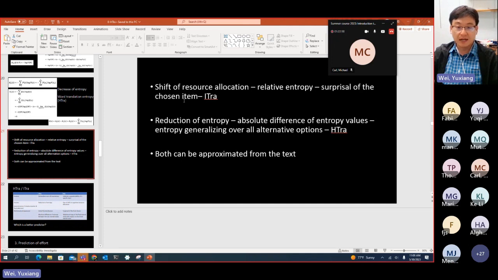These resources would be allocated to all of them. But if we adopt a serial processing perspective, then at each point of time, only one option is considered and attended to, and that might indicate how likely it is for the processor to attend to a particular item, right? That's my understanding.